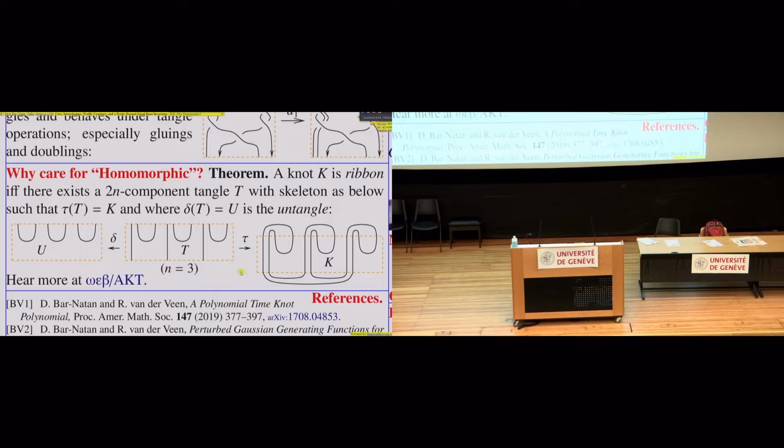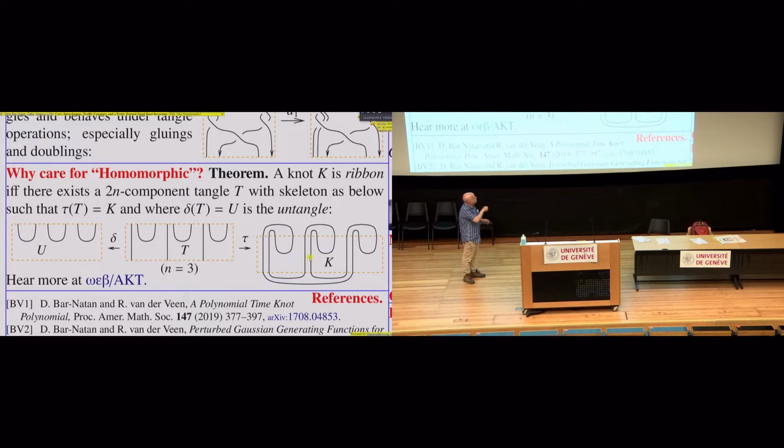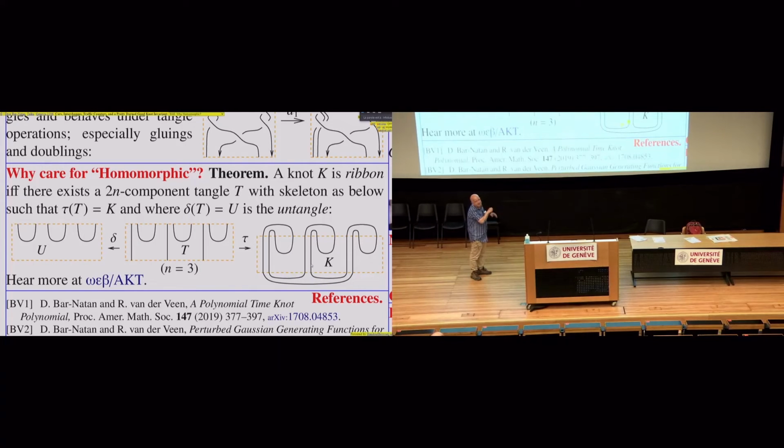And tau is a more complicated operation: you double each of the vertical strands, and then you attach a tangle as shown at the top, and another one as shown at the bottom, and that gives you a knot. And the claim is that this is precisely the collection of all ribbon knots.